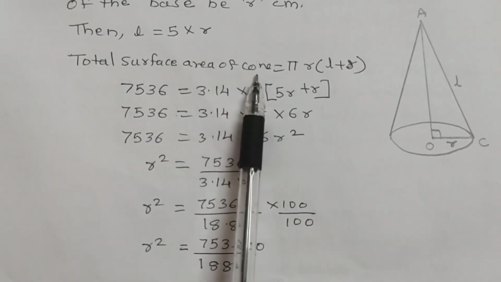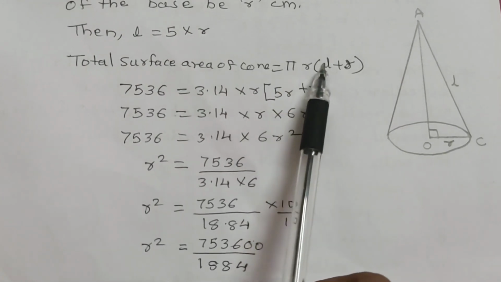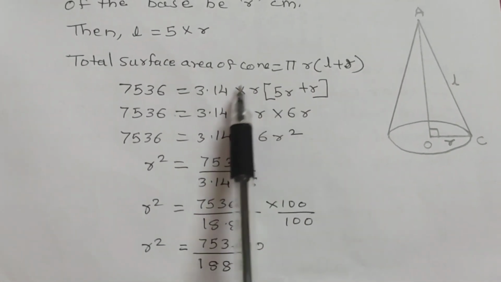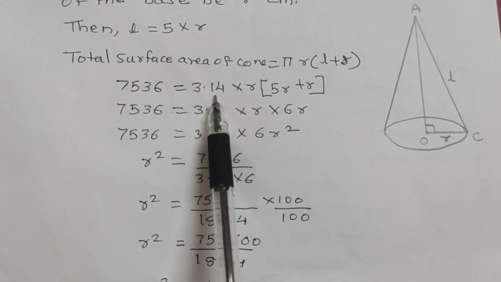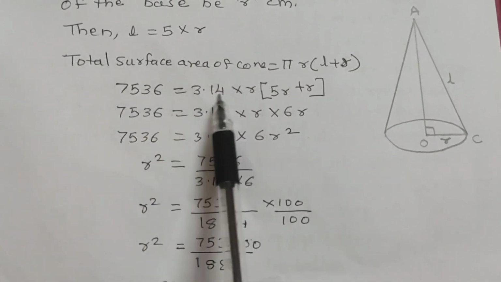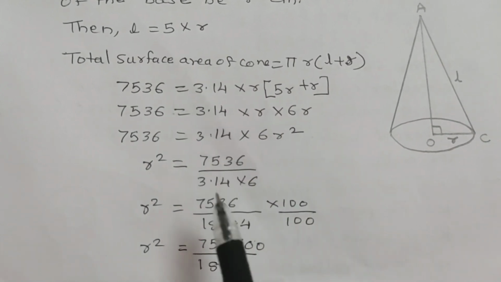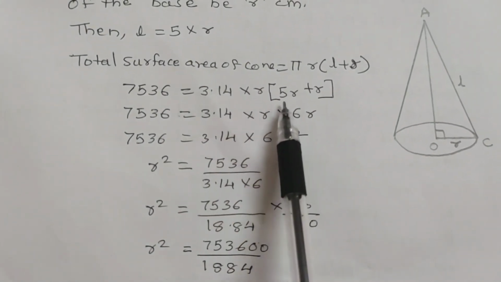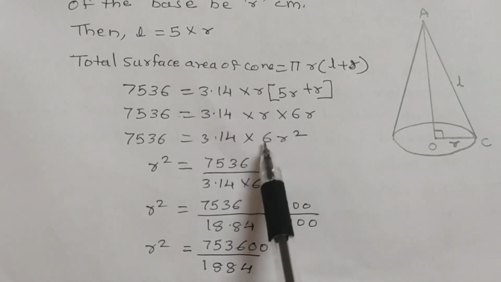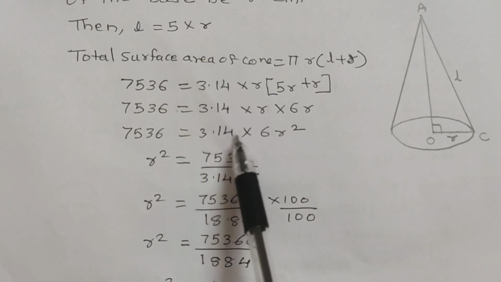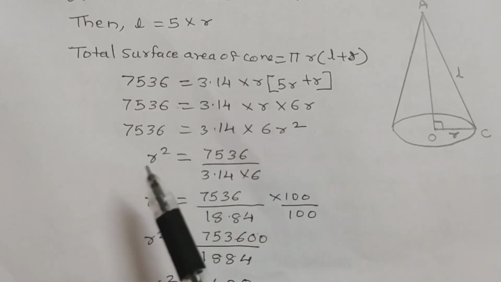Total surface area of a cone is equal to pi r into bracket L plus r. The value of pi is given as 3.14. So 7536 is equal to 3.14 into r into bracket 5r plus r. So here we are getting 6r square. So 7536 is equal to 3.14 into 6r square.